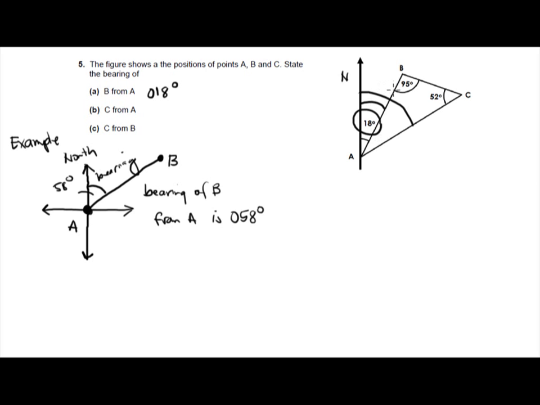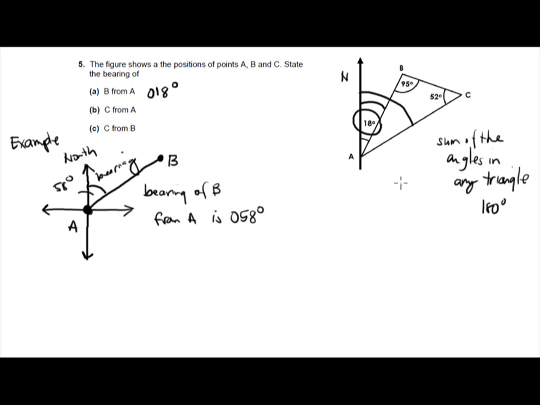So we look at the other given information. This is 95 degrees, and this is 52 degrees. And we all know that the sum of the angles in any triangle is a fixed number, and that is equal to 180 degrees.